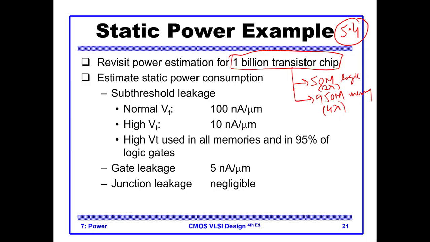One has a normal threshold voltage and the other has a higher threshold voltage. Higher threshold voltage transistors are used in memory.